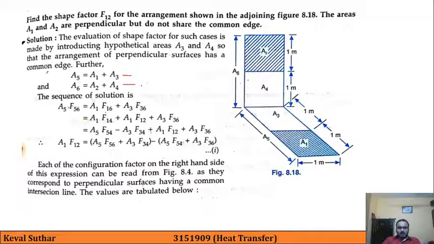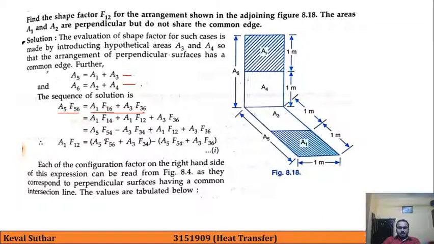Now the sequence of solution is in this way. First A5 into F56, that is the shape factor of surface 5 with respect to surface 6, is given in this way: A1 into F16, that is the shape factor of 1 with respect to the entire surface 6, plus A3 into F36, the shape factor of 3 with respect to the whole surface 6. So this is okay.